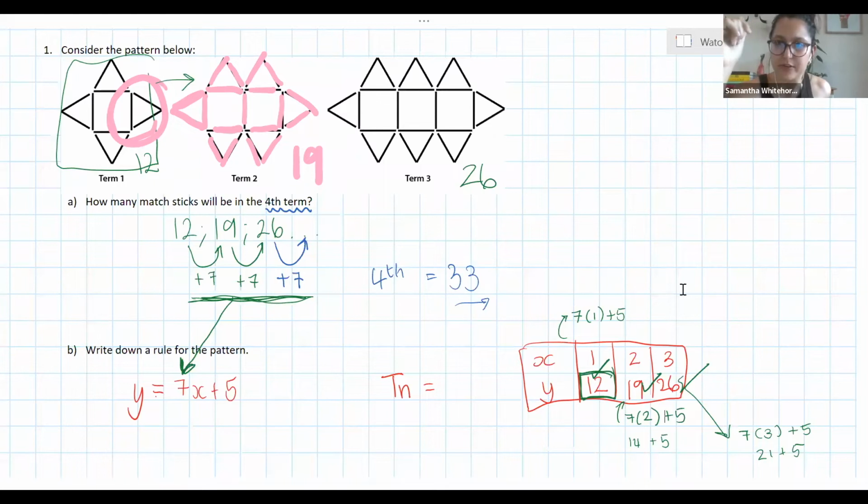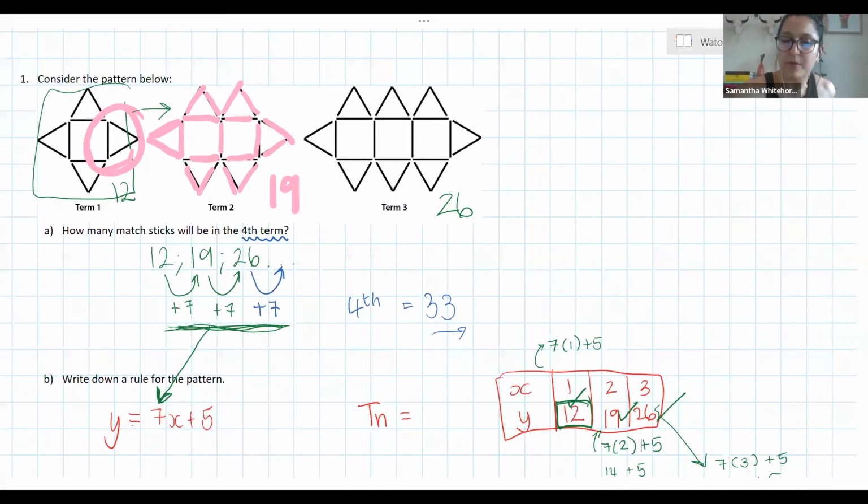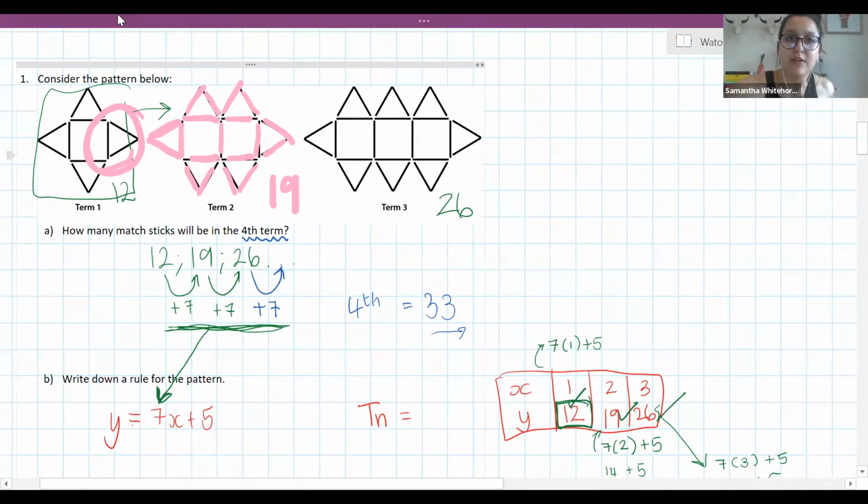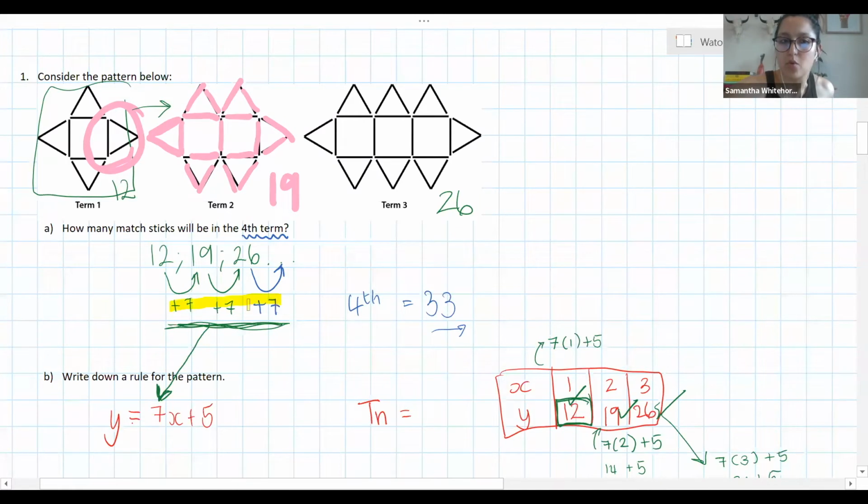Okay, cool, perfect. So I got the 5 because I started off by saying I'm adding 7 each time, that's clearly important for my pattern. If I asked you to describe in words what is happening, you would say I'm adding 7 each time. Now that 7 becomes the coefficient of my x. So I'm starting off with 7 times x.